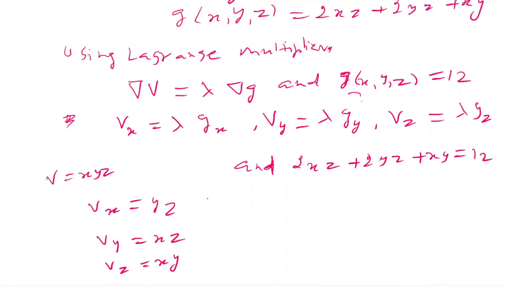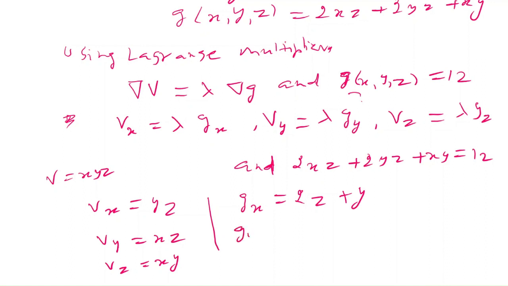Similarly for g, gx: differentiate this. 2xz will become 2z, 2yz will be 0, and xy is now y.